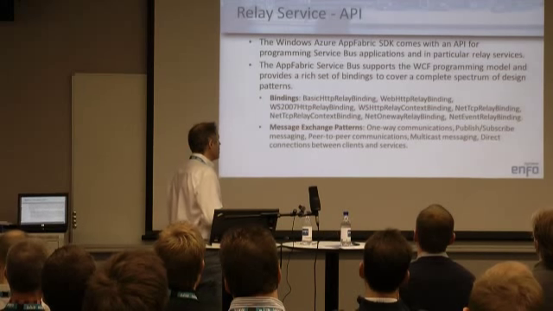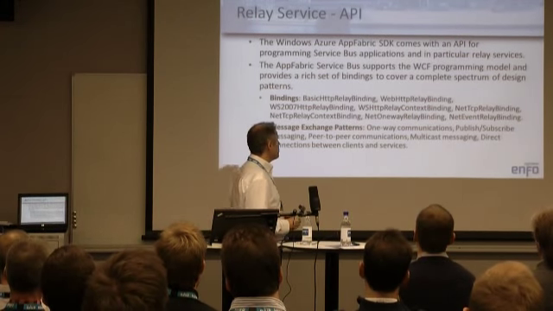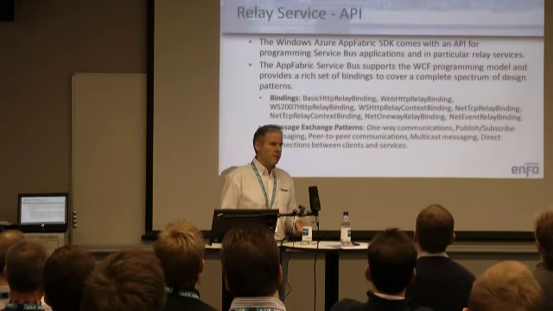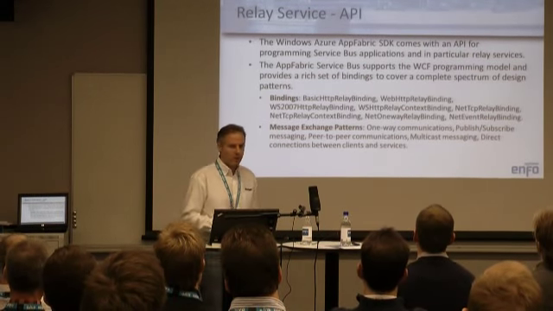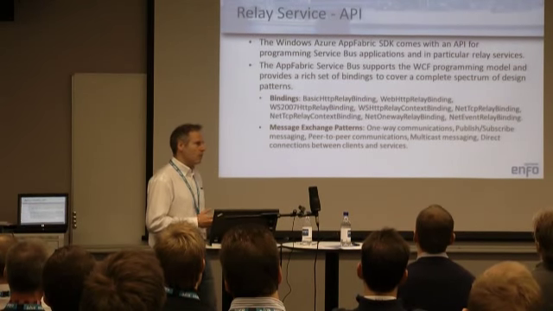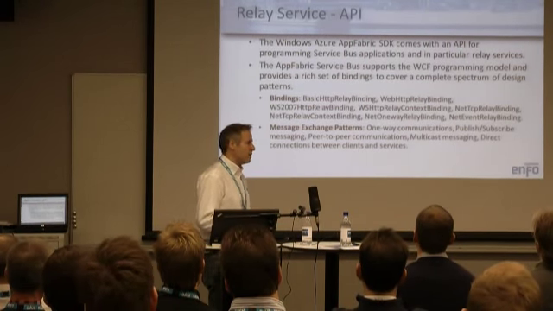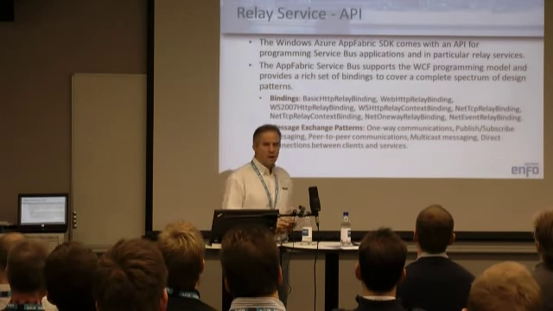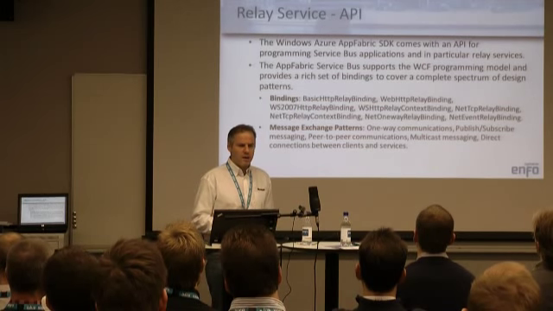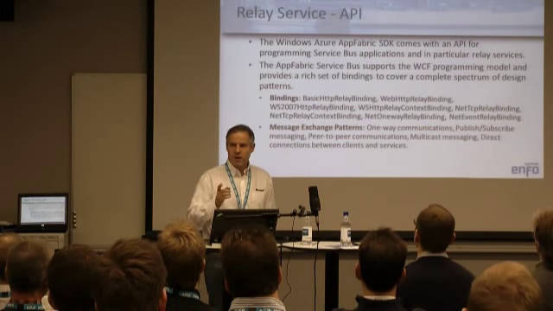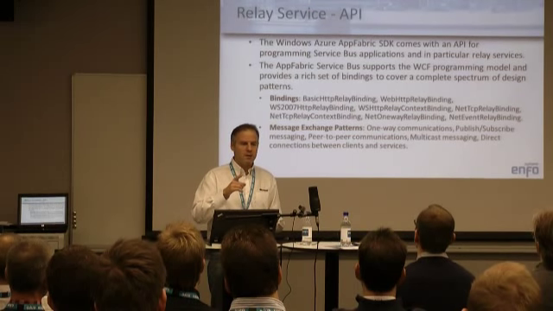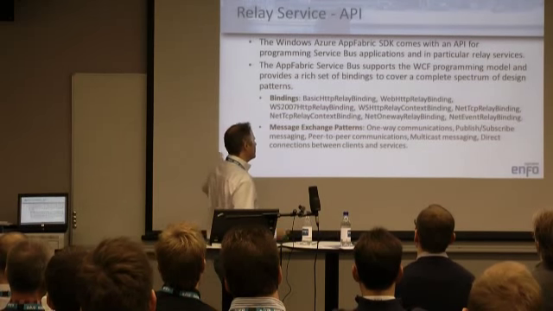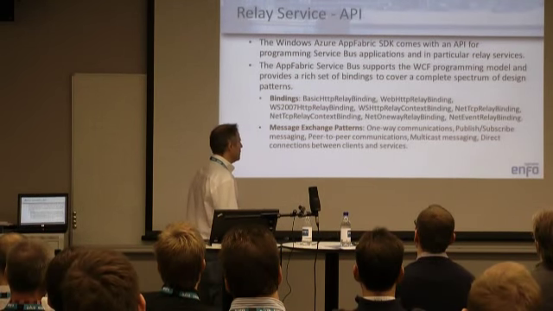From an API standpoint, the Windows Azure AppFabric SDK supports the WCF programming model for relay service or relay messaging. When you download and install the Service Bus SDK, you can find a utility, I don't remember the name, the relay configuration, the one that configures the bindings in the machine.config. Anyway, the SDK comes with a lot of bindings.